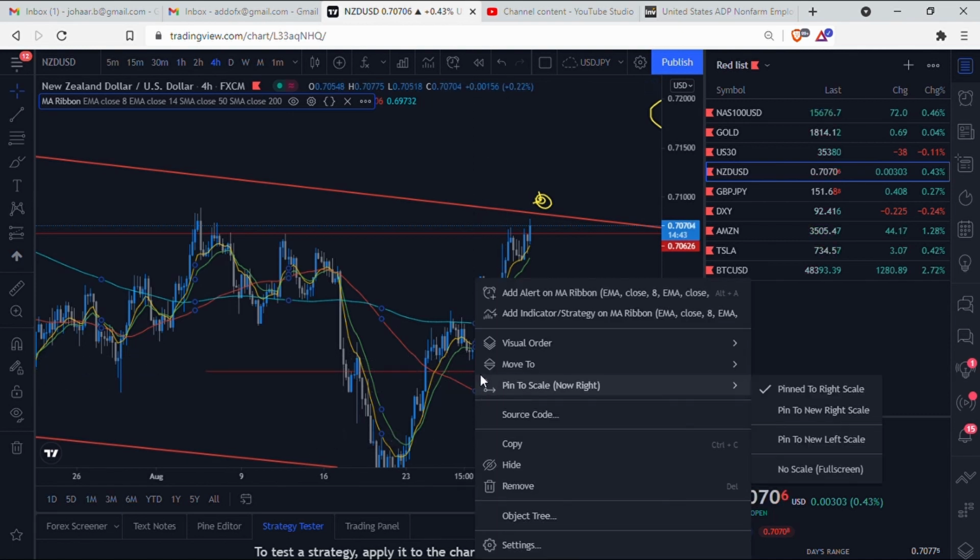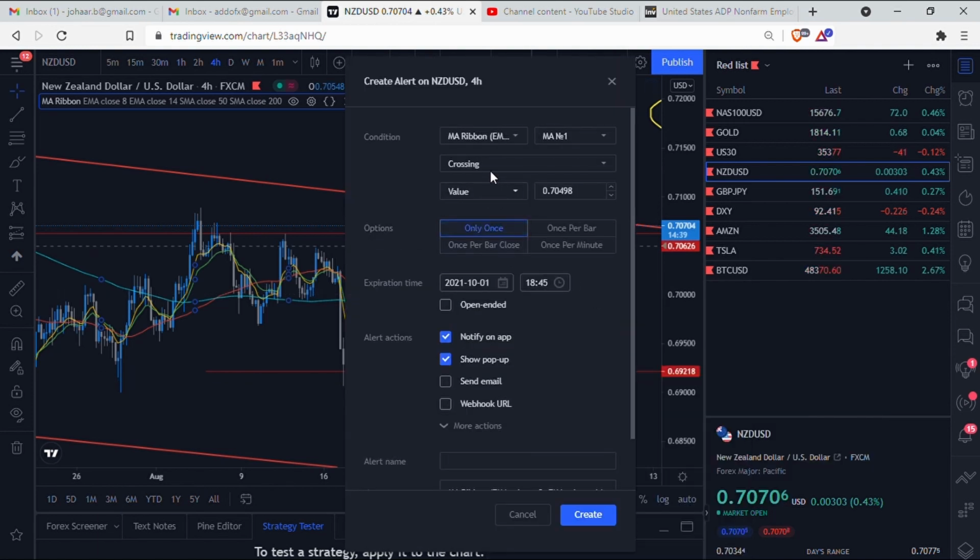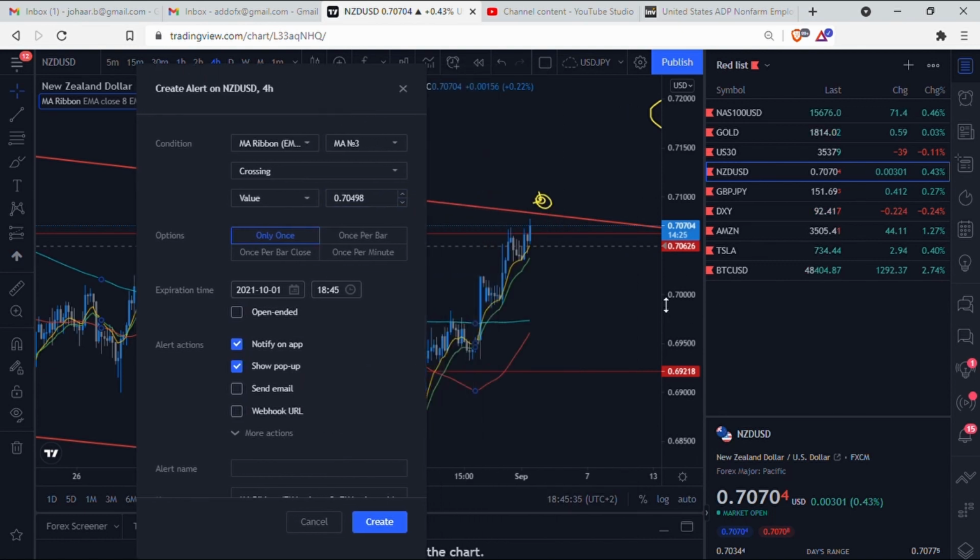can go here, add alert on EMA ribbon, right? Condition, then you go EMA number 4, number 3 is 50, is crossing value, then I add the value, and let's say hypothetically I wanted it to tell me at 0.7 zeros, right? 0, 1, 2, 3, 4, right?